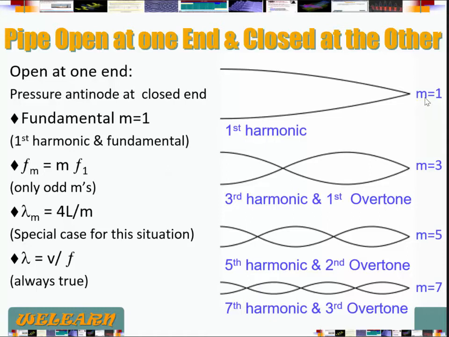For example, here for m equal 1, that would be 4L. The length of this is lambda over 4. It's half of a segment. Here we have 3 lambda over 4. So here m is going to be a 3. For this one, m is going to be a 5, and so on. And again, we still have the wave equation that's always true.